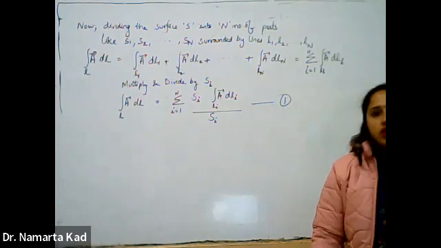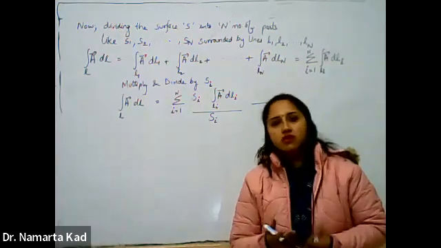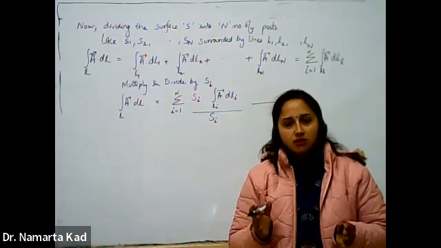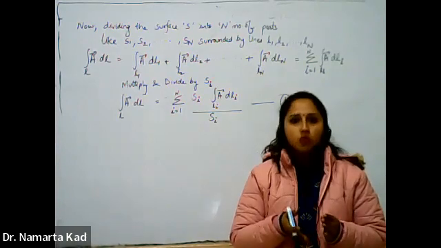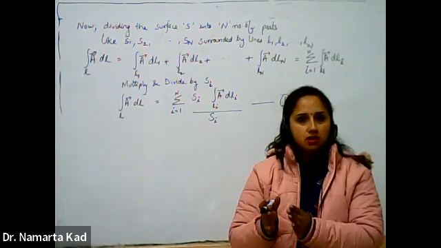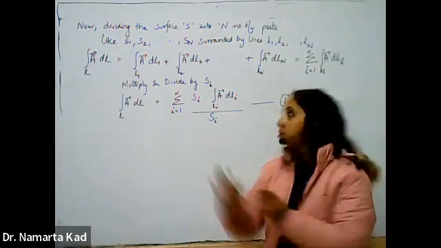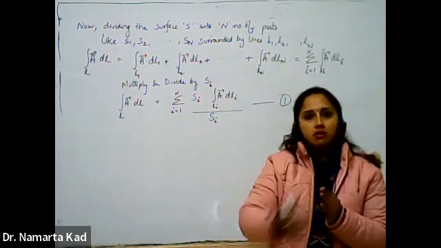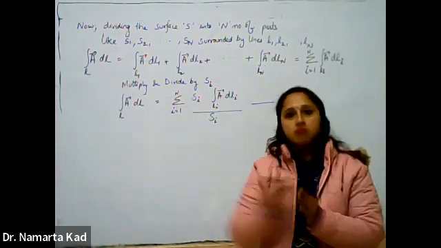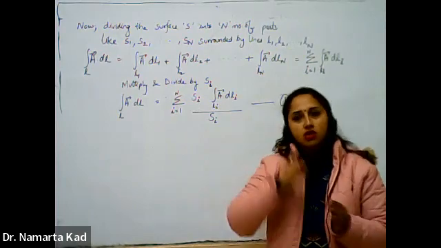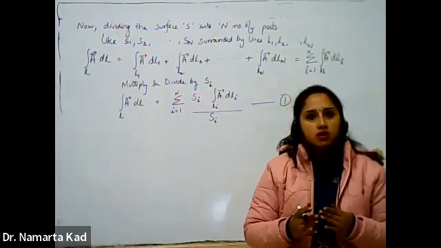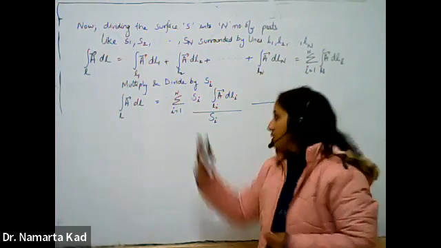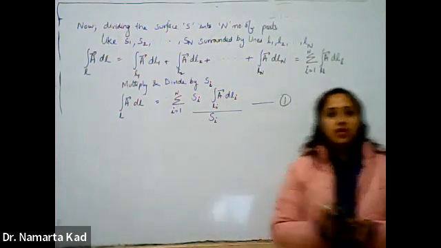Now, as you have seen here, when the surface is a single surface, it is of large area. But when we divide the surface into two parts, the area reduces. And similarly, if we divide the surface into n number of parts, n may be 20, 30, 200, 500, maybe a large number of parts. So as the number of parts increases, the surface area reduces. So in the next step, we have to take the limit.